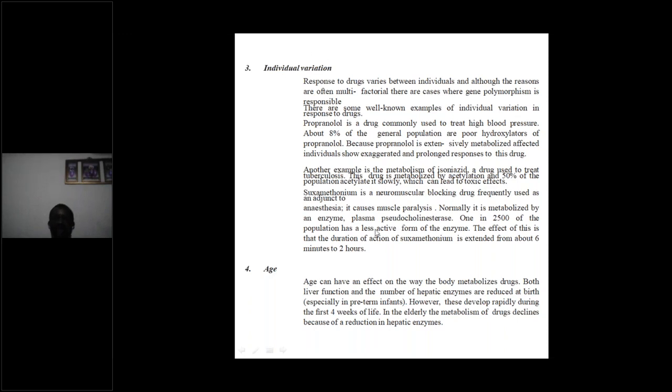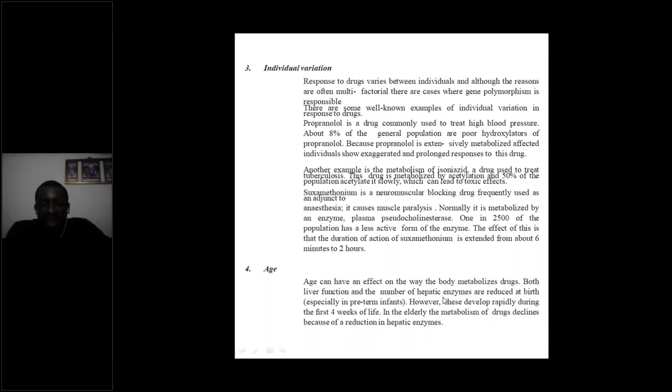Individual variation can impact the metabolism of drugs. That's why, when a physician wants to treat a patient, it's good to ask questions about history, allergy, metabolism, and so on. Age also affects the way drugs are metabolized, because liver function and hepatic enzymes are reduced at birth, especially in children born before nine months.